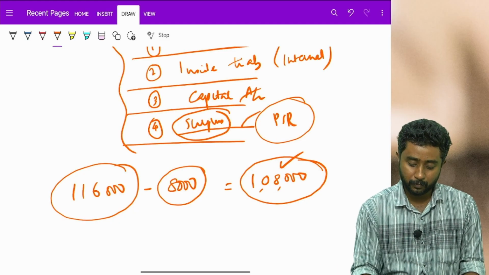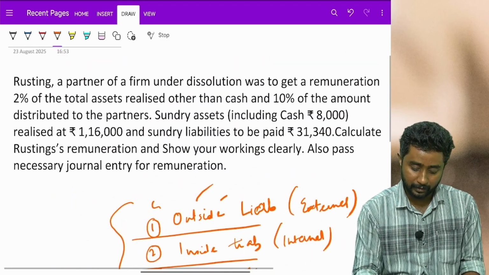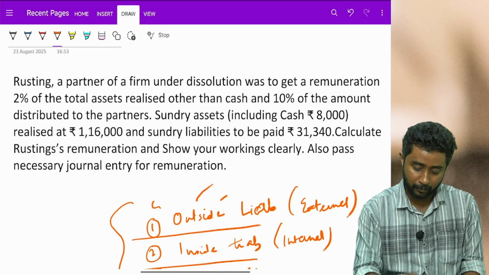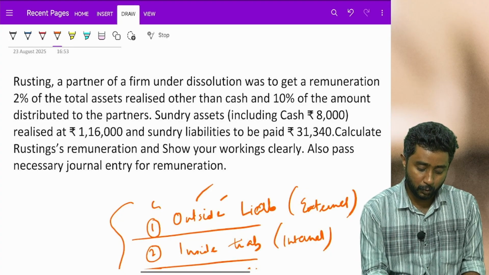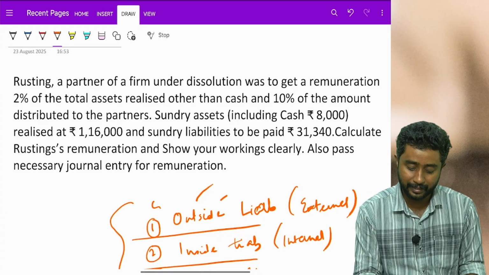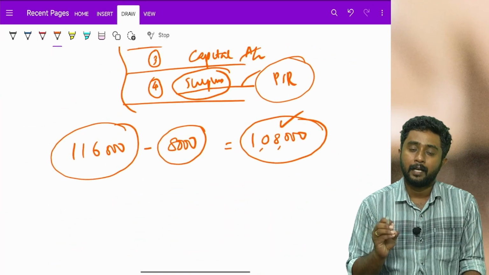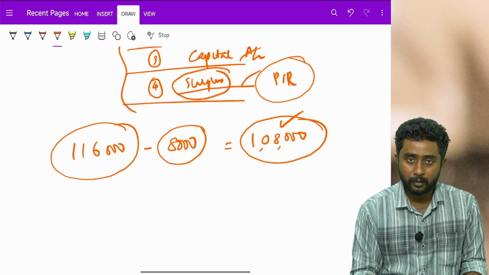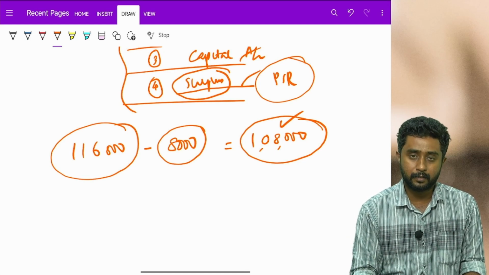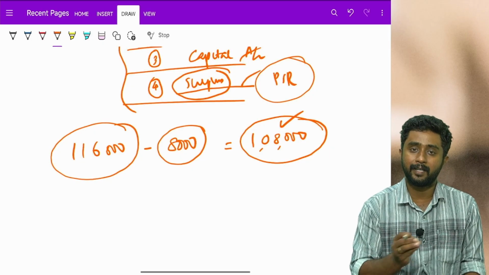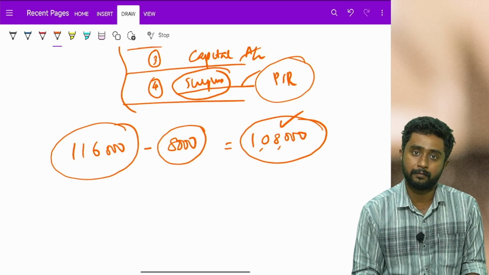So we are just removing it because the question says: remuneration of 2% of the total assets realized other than cash, and 10% of the amount distributed to the partners. Other than cash means when you pay the remuneration to the partner who took care of the dissolution process, we are not going to consider the cash amount already included in the realized value of the assets.